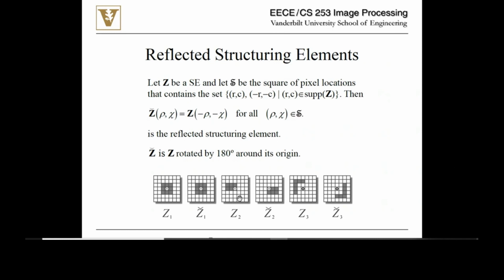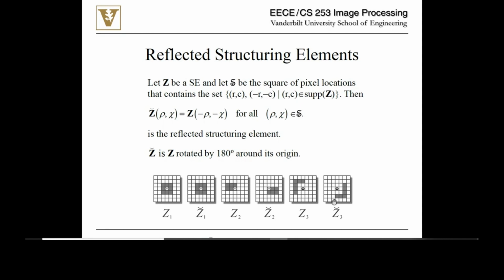Here, for instance, it is very well shown. You have Z2, that is this particular arrangement of pixels, and if you reflect it with respect to the origin, then you have the mirror one with respect to the point. So Z^R is the structuring element that is formed by mirroring a structuring element with respect to the origin.